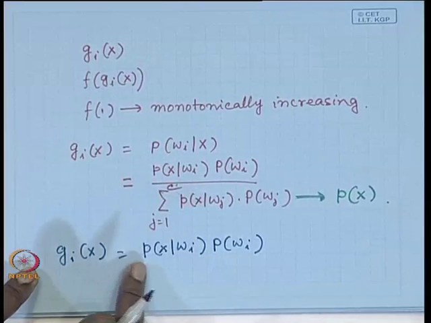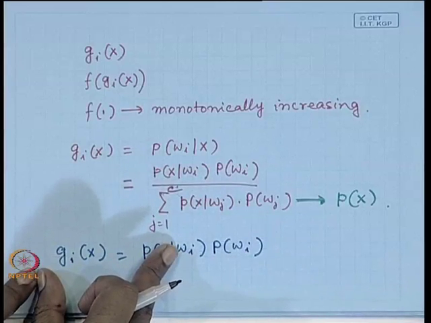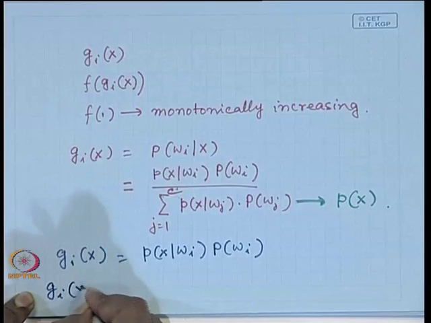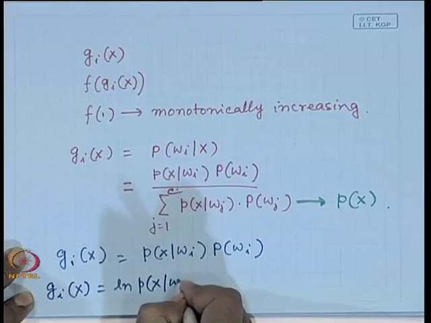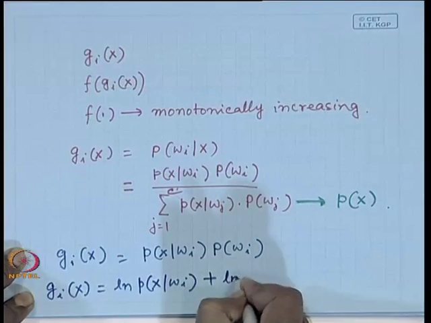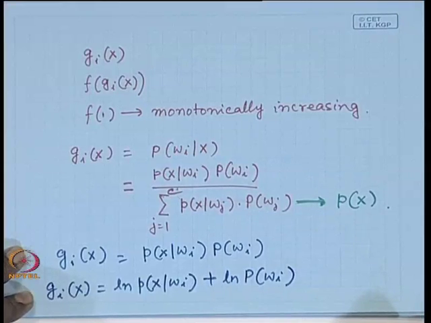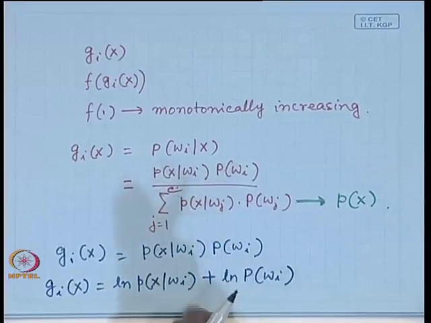So, instead of using this, I can use the log of this, and that can be my discriminant function. Here I have replaced the product by a summation. So, it becomes mathematically more convenient.